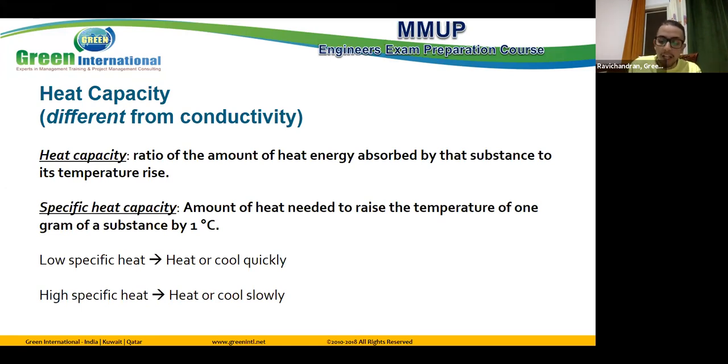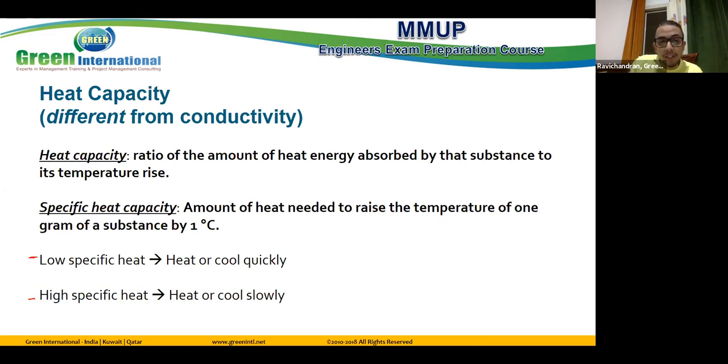What I mean is, thermal conductivity studies whether a material is a good or bad conductor, but specific heat capacity measures the response to adding or removing heat. For example, as he mentioned here, we have two cases: low specific heat and high specific heat.